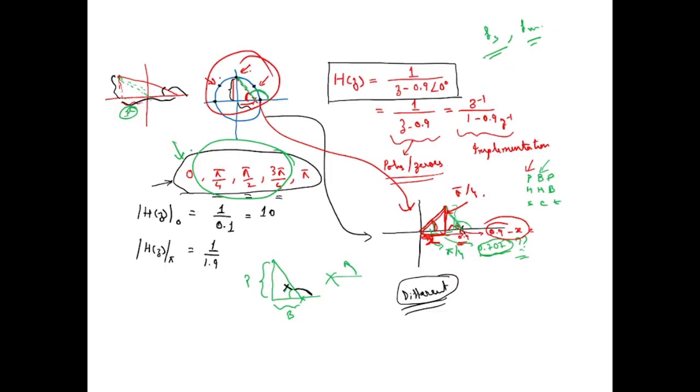So from here you have to find out the corresponding frequencies, because 0, pi by 4, pi by 2, 3 pi by 4 and pi, at these locations what are the corresponding frequency values in hertz or radians? Then instead of using 0, pi by 4, pi by 2, 3 pi by 4 and pi, you have to put this frequency in hertz, and at those 5 positions you have to find out the amplitude response. So can you do it for me now?